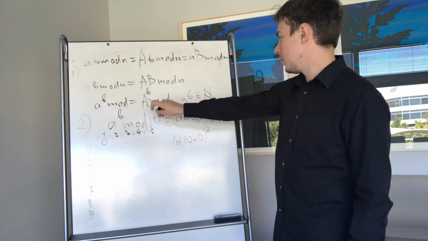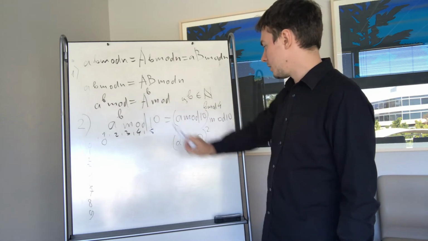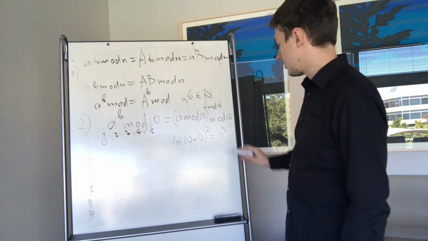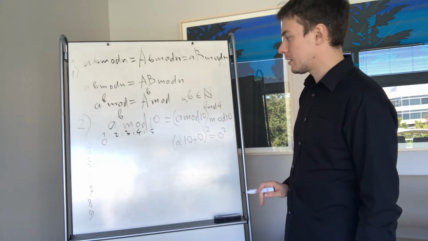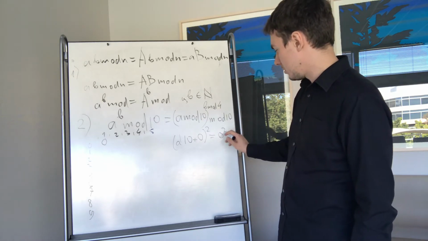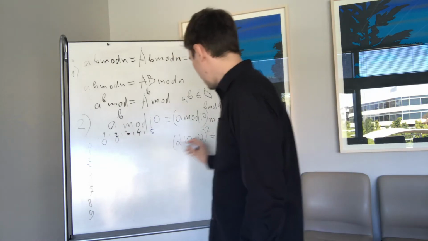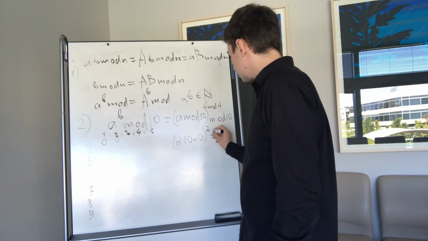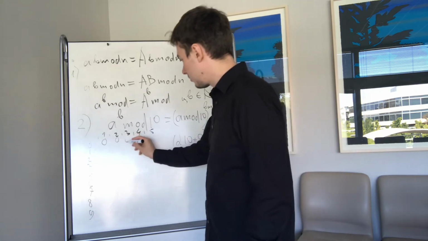Power 2. If we use this formula, we will be able to write like this. This is also 0. Power 3, zero, and so on.